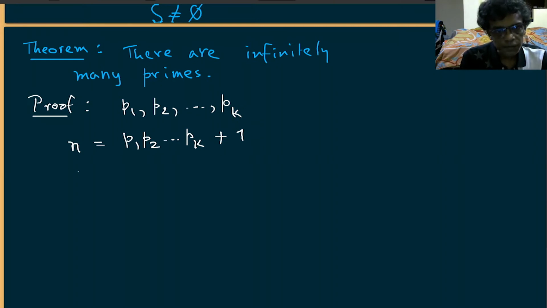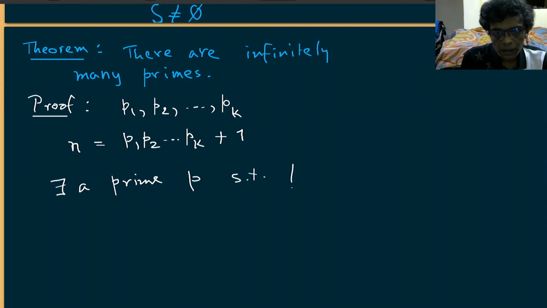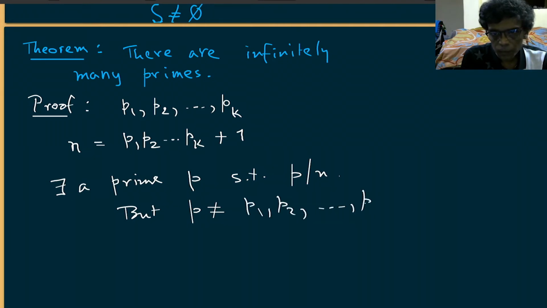But by the previous theorem, there is a prime P such that P divides m, but this P is not equal to P1 or P2 or P3, and so on up to Pk.